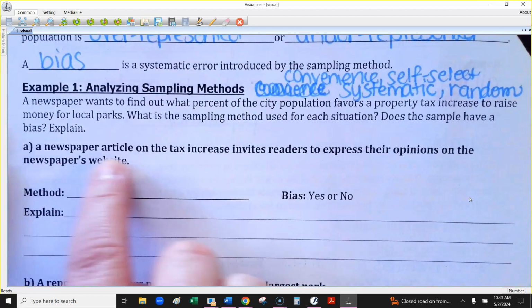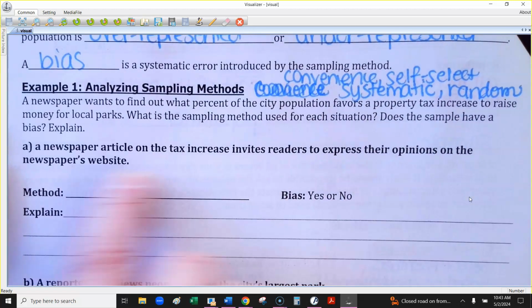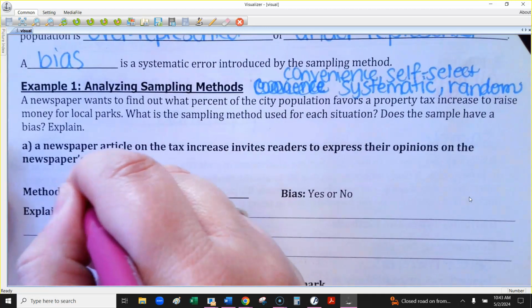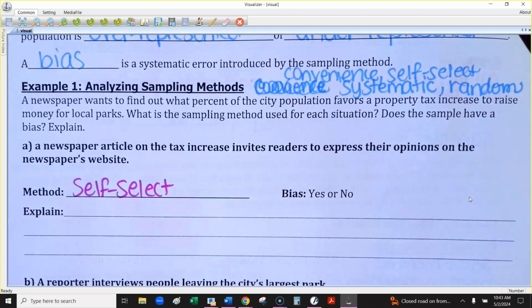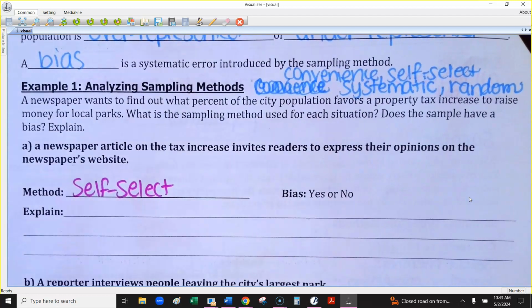A newspaper article on the tax increase invites readers to express their opinion on the newspaper's website. Which one of those 4 categories do you think that would fall into? Kai, what do you think? Self-selected. Yes, good. Okay. This is self-select. Now, in this particular case, do you think this would be biased or unbiased?